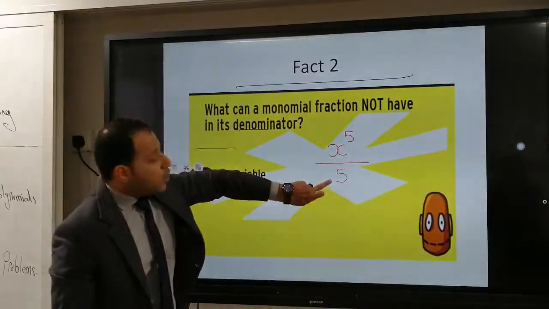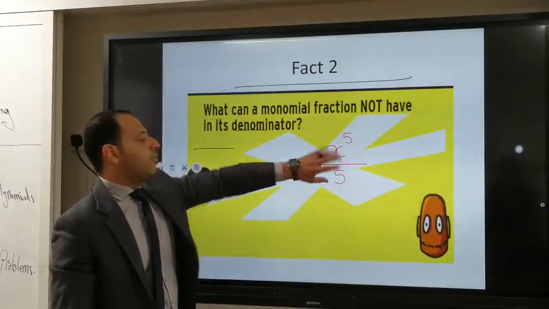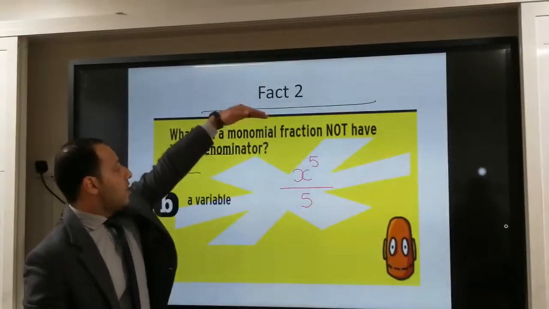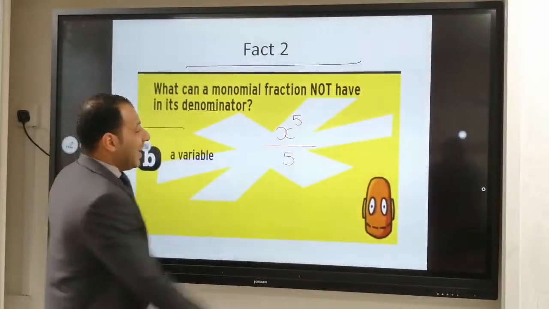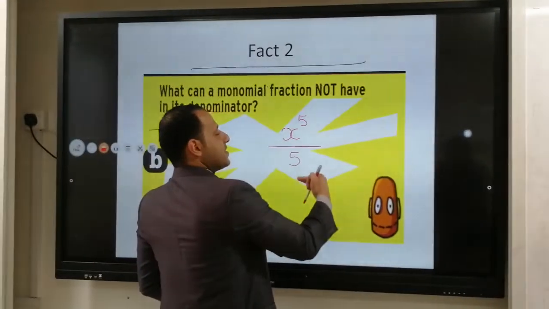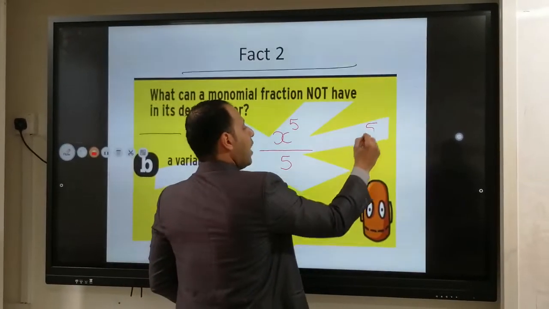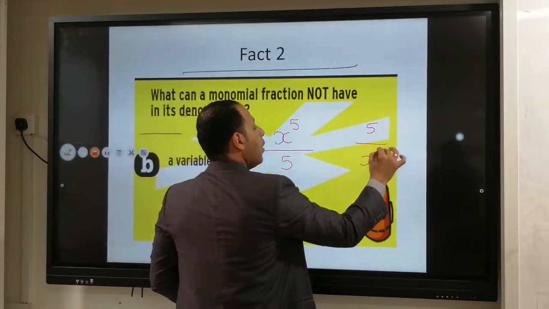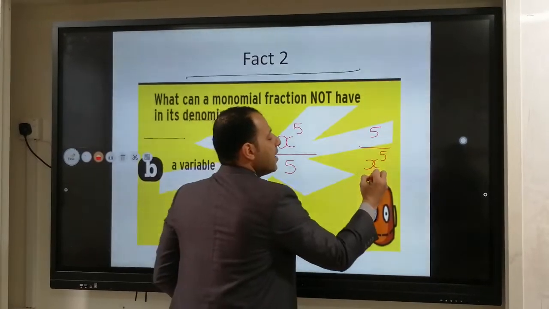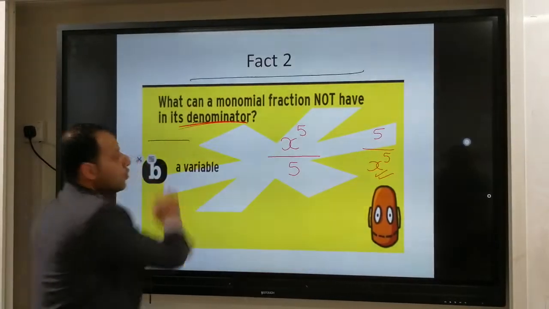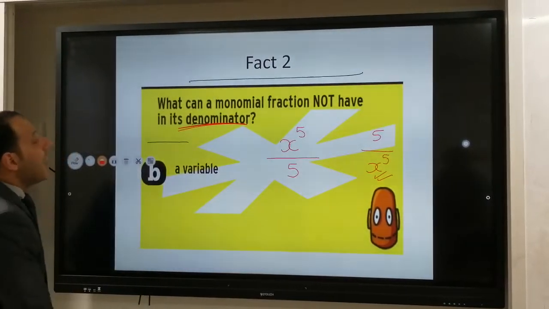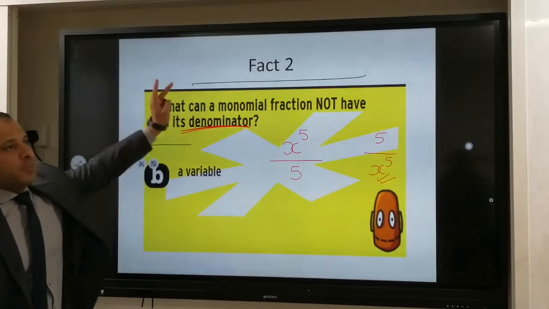If the denominator is any number, like 5, 3, 2, all these are polynomials. But if you take 5 over x power 5, if you have any variable down in the denominator, it's not a polynomial.